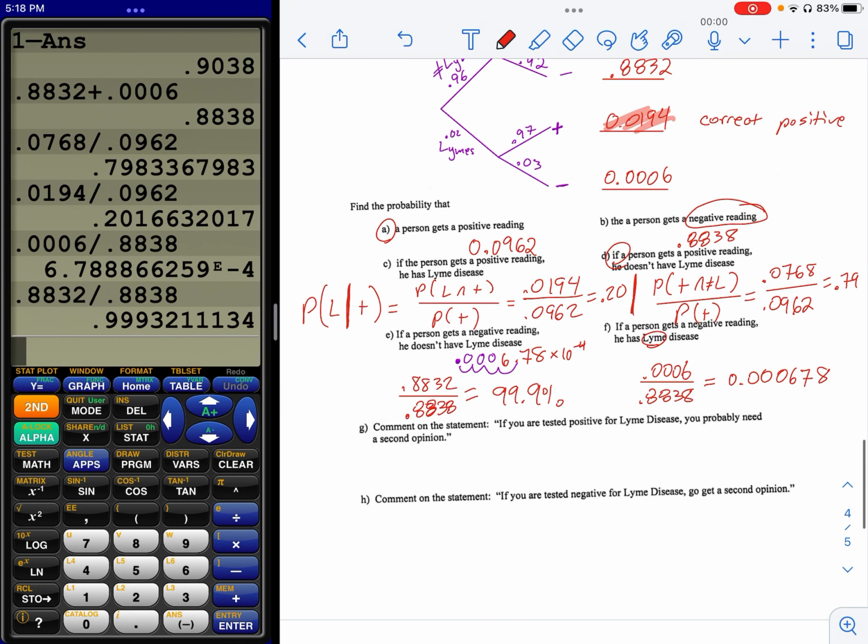So I would say 7 to 8% of tests for people without Lyme's, people that do not have Lyme's disease, give false positives, which to me is really high.